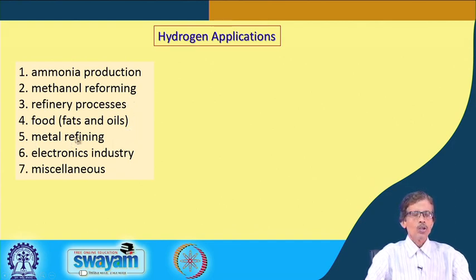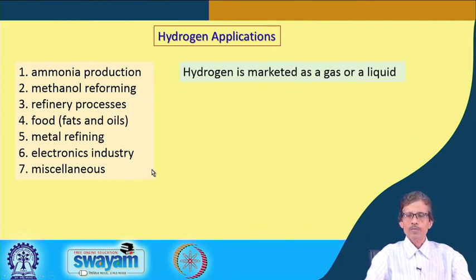So, not only metal refining but also metal hydride production is dependent on hydrogen. Then the electronics industry is also utilizing hydrogen, for removal of some surface layers or for getting clean surfaces, and different miscellaneous techniques can utilize hydrogen applications.